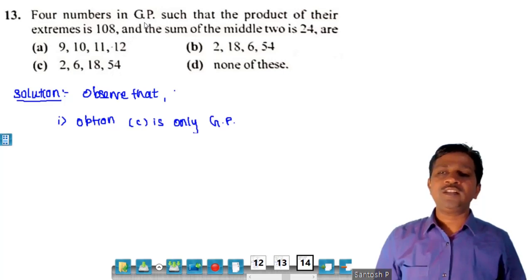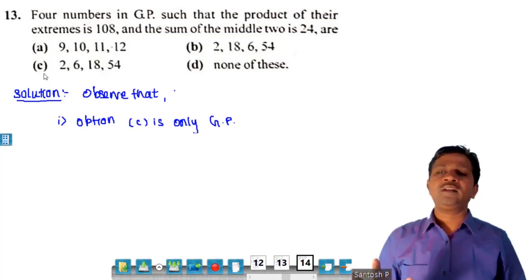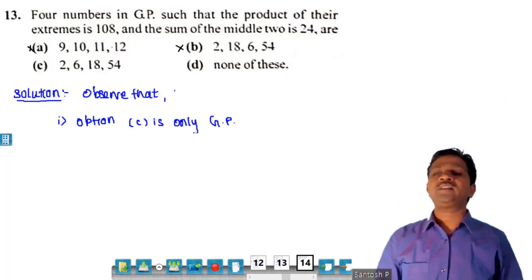So the first condition is satisfied only by option C. Therefore either C is the answer or none of these. A and B are definitely not the answers, because they are not GPs. Now let us see the remaining conditions for option C.